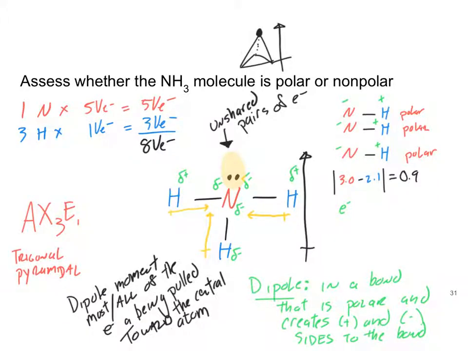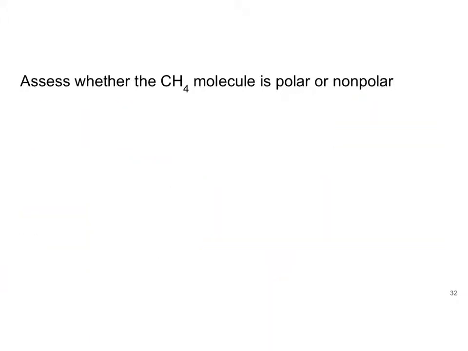All right, so let's do another example. First things first, we're going to draw the molecule. So I have one carbon atom times 4 valence electrons, which gives me 4 valence electrons. I have 4 hydrogen atoms times 1 valence electron, which is 4 valence electrons.